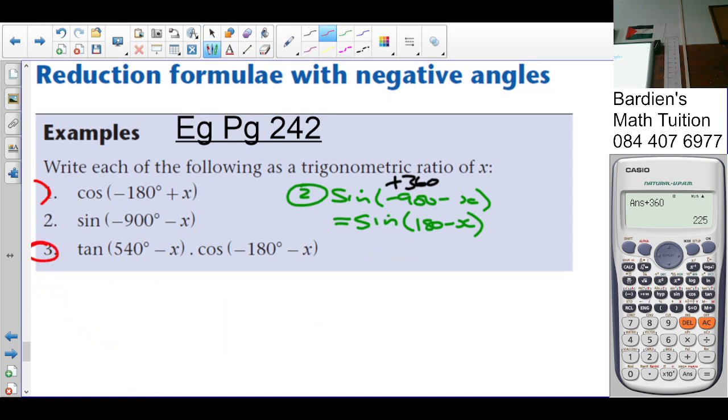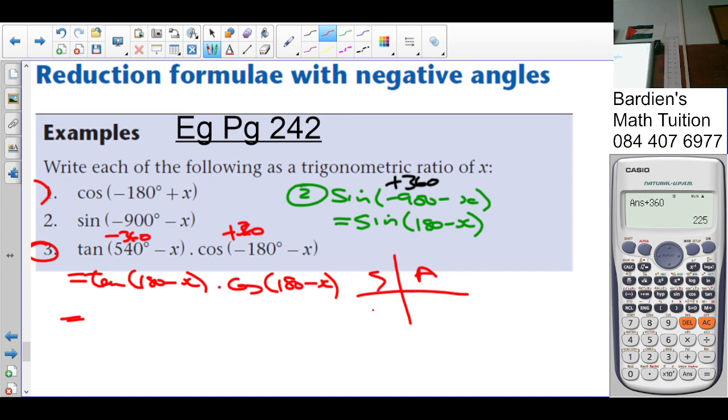And the last one, number 3. 540, so you subtract 360. Then we get tan of 180 minus x. Then we add 360 to the other angle. It becomes cos of 180 minus x. So all stations to Claremont. 180 minus x is in which quadrant?